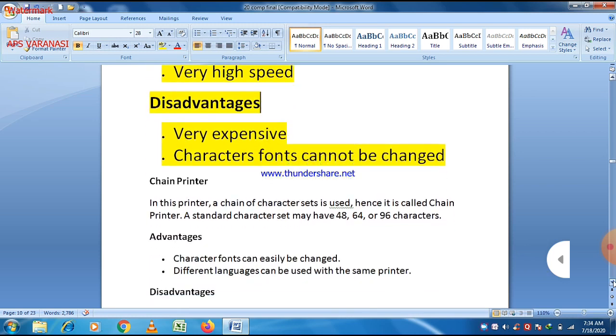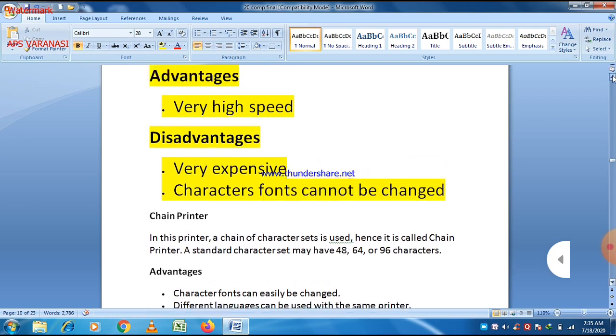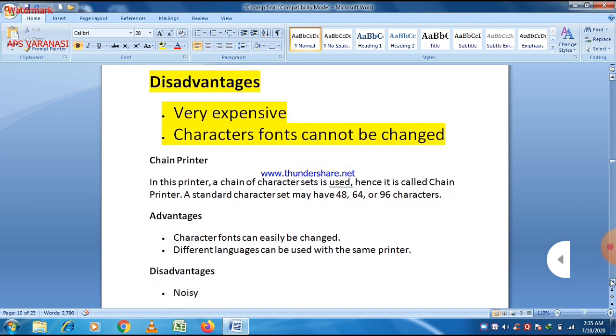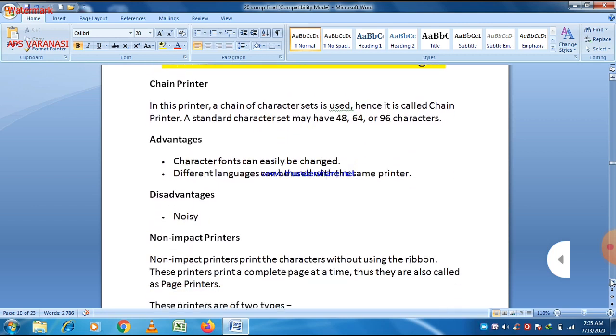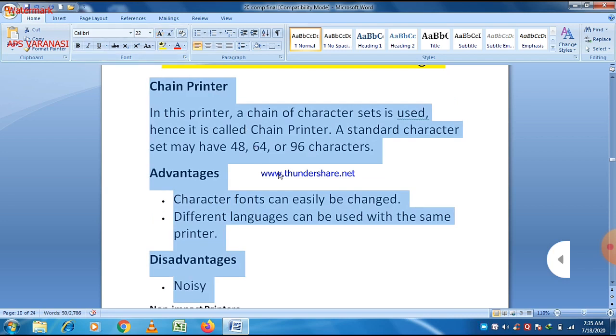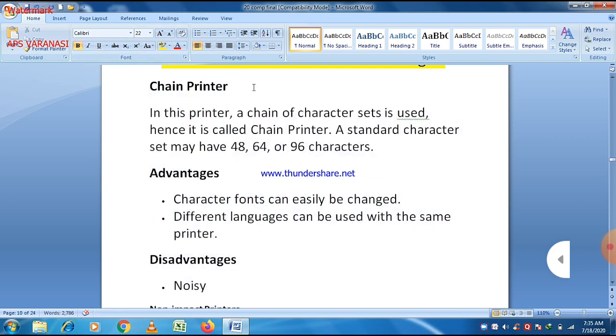Next is the chain printer. As the name suggests, in this printer a chain of character sets is used. Let us select this first and then discuss its points one by one.